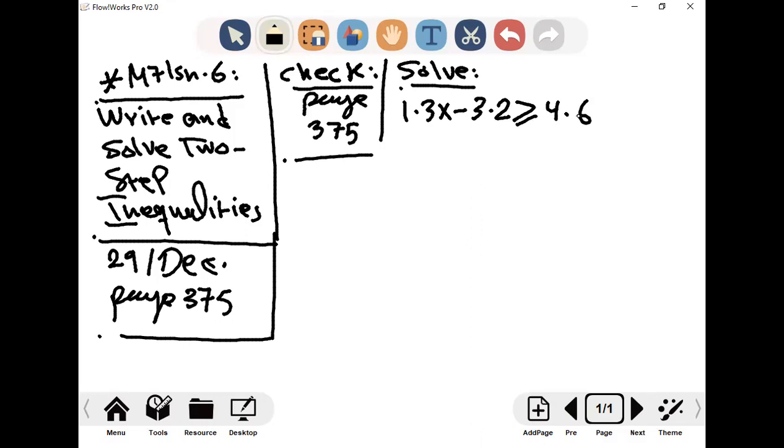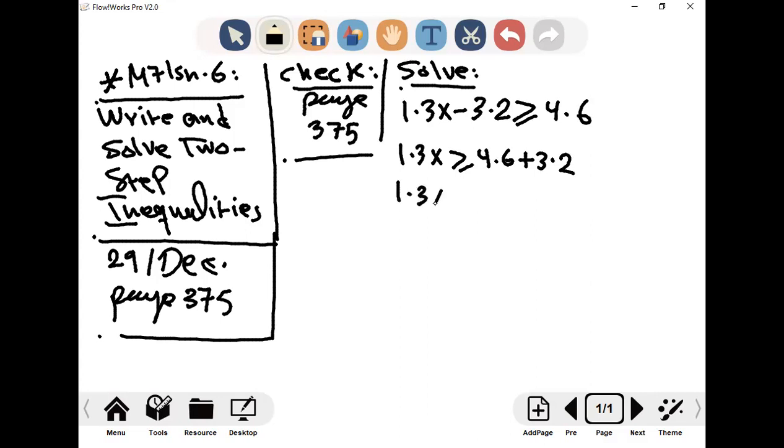Now here we shift the negative 3.2, right? We said we do the same strategy of two-step equations, but when we divide or multiply with a negative coefficient, we switch the inequality, right? So here 1.3x more than or equal 4.6 plus 3.2.